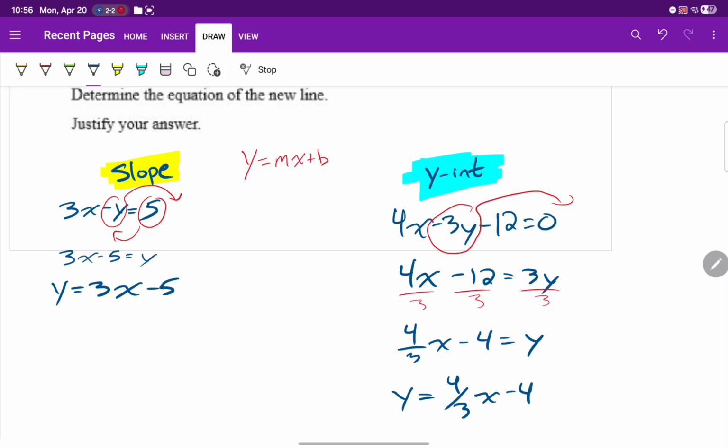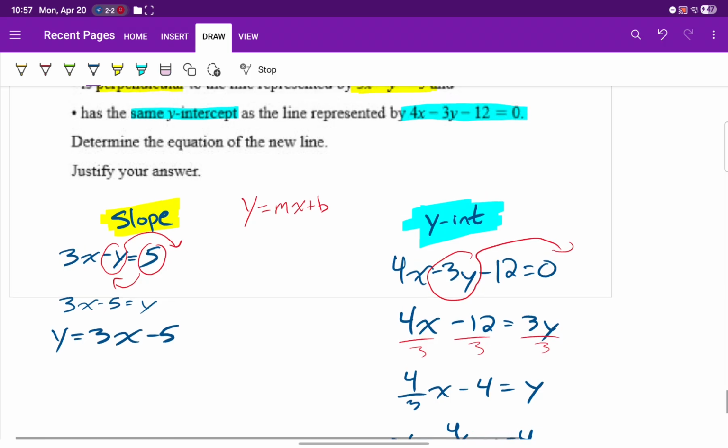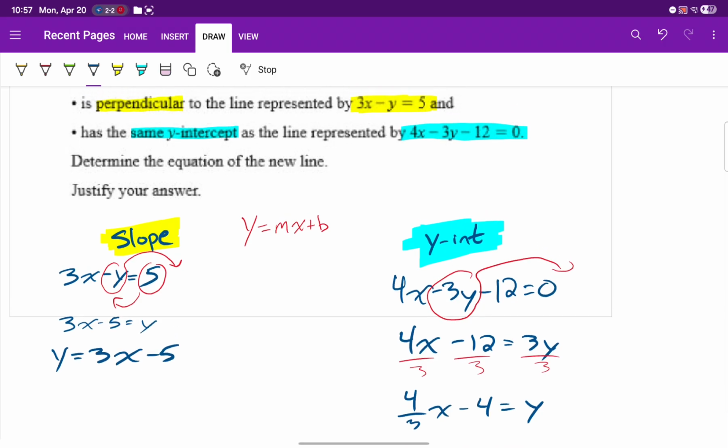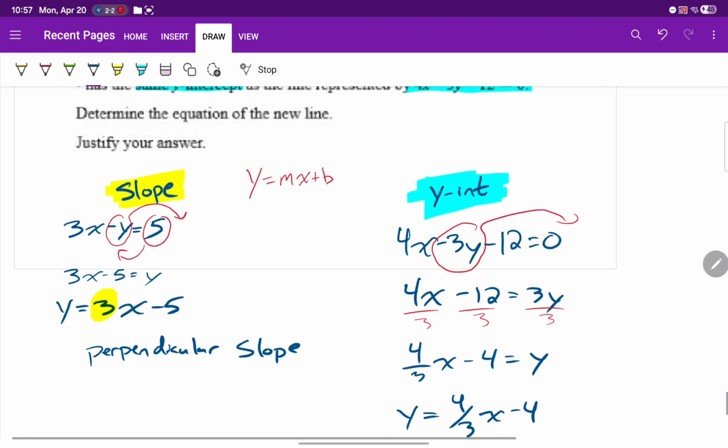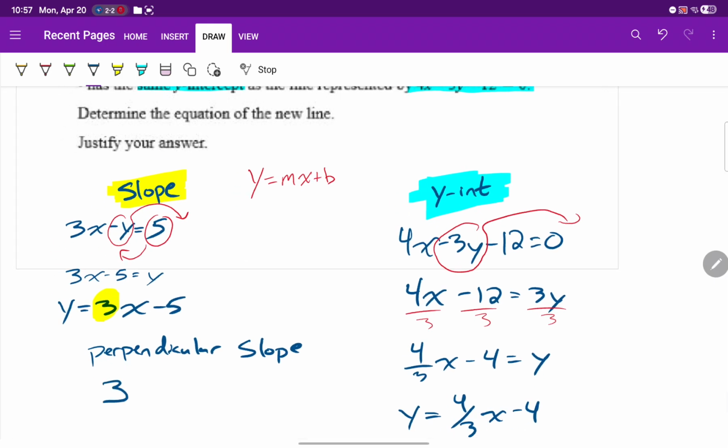Okay, now let's go back to what the question was asking. It said it's perpendicular to the first equation. And so from yesterday, if my slope of the first line is 3, we are going to determine the negative reciprocal of that.